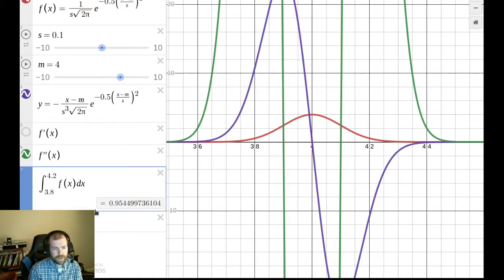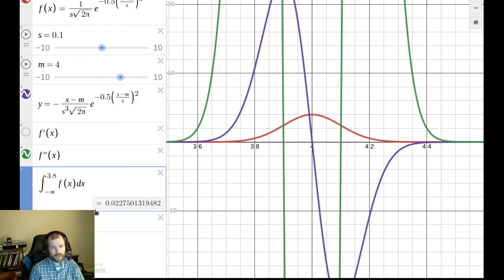And so we can play around with this a little bit and say, like, all right, if we want negative infinity to 4, that's going to be a half. 3.8 is going to get us 2.28%. So 3.9 is way too high.